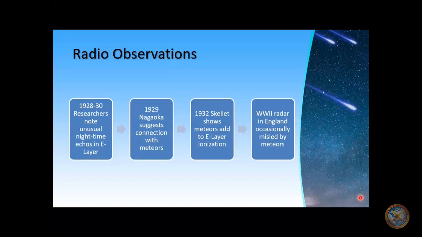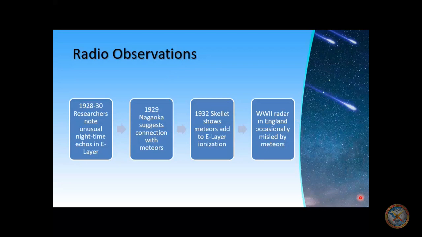And just a short time later, 1928 to 30, researchers note unusual nighttime echoes in the E layer. The E layer and the D layer should mainly only appear during the day because they rely on the sun's radiation to exist. So nighttime echoes are unusual.